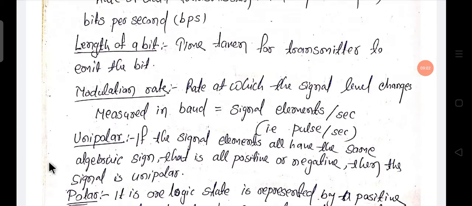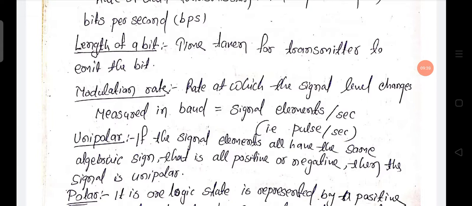Then comes unipolar. Unipolar means if the signal elements have the same algebraic sign, that is, all positive or all negative, then the signal is unipolar. Signal elements means the wave, the half cycle or full cycle of that signal.